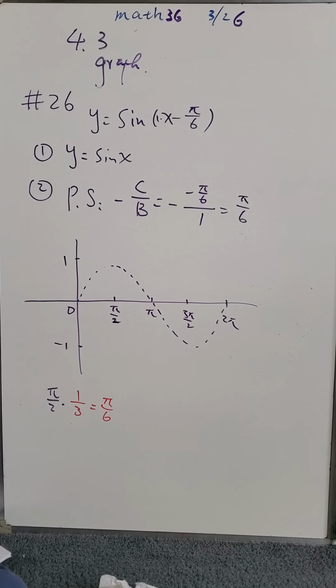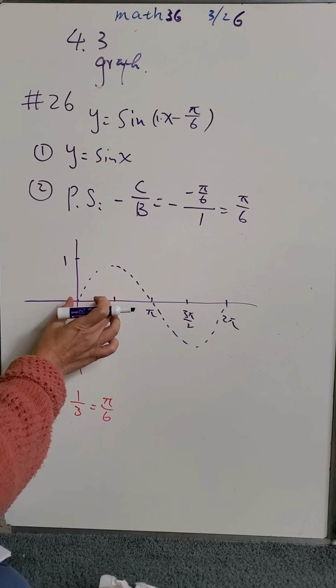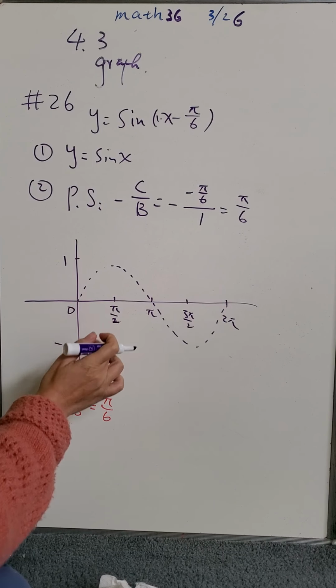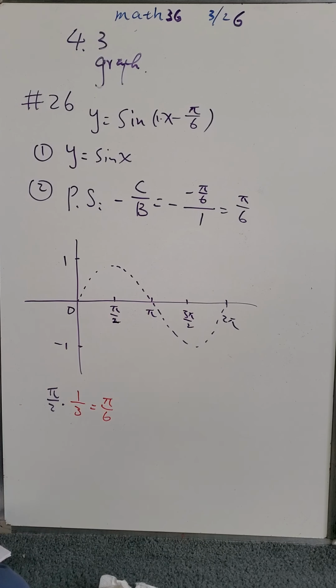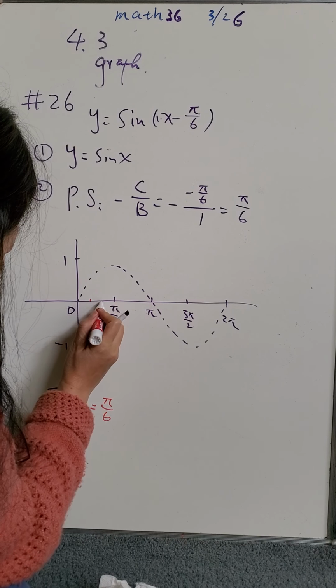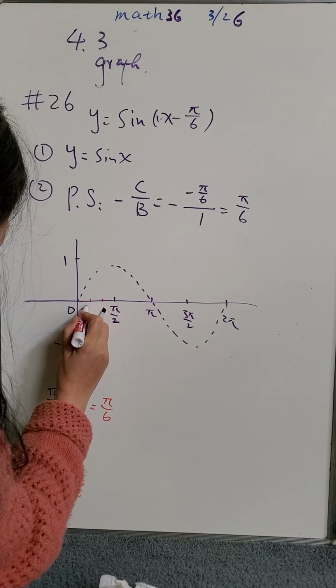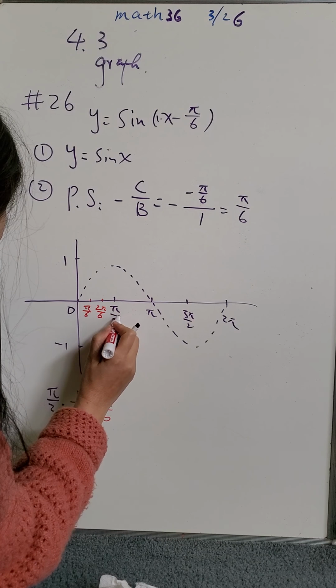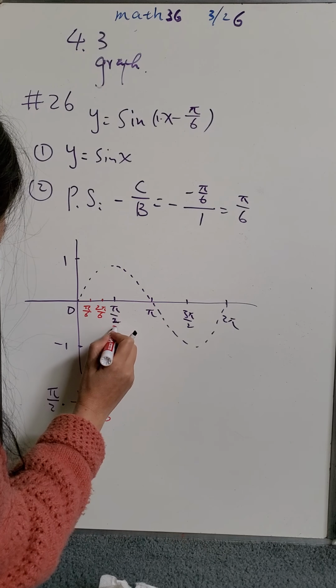That means I can divide this portion into 3 units, then each one will be 1 pi over 6. So I'm going to divide it. You can see this is pi over 6, 2 pi over 6, 3 pi over 6.